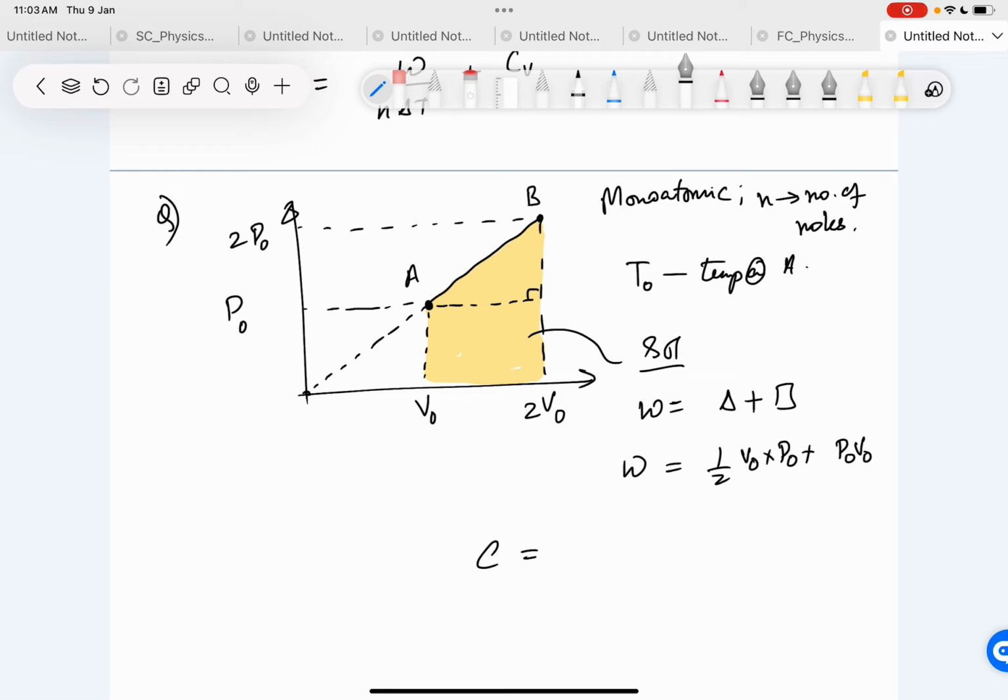Now coming to the C value, it is W by n delta T plus the CV value.